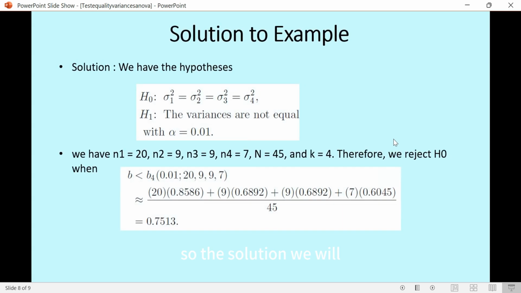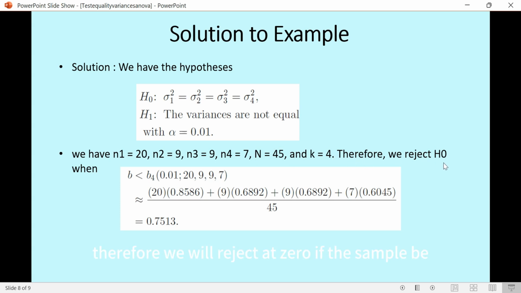The solution: the hypothesis H0 is that all 4 groups have the same variance, and H1 is that the variances are not all equal, at alpha 0.01 level. We have sample sizes n1 is 20, n2 and n3 are 9, and n4 is 7. So total n is 45 and k is 4.